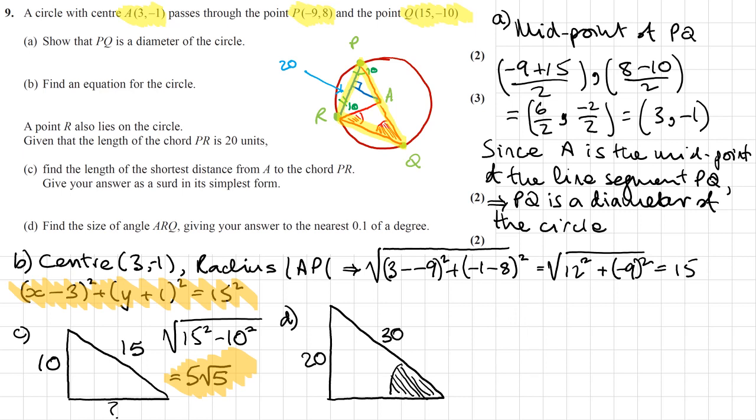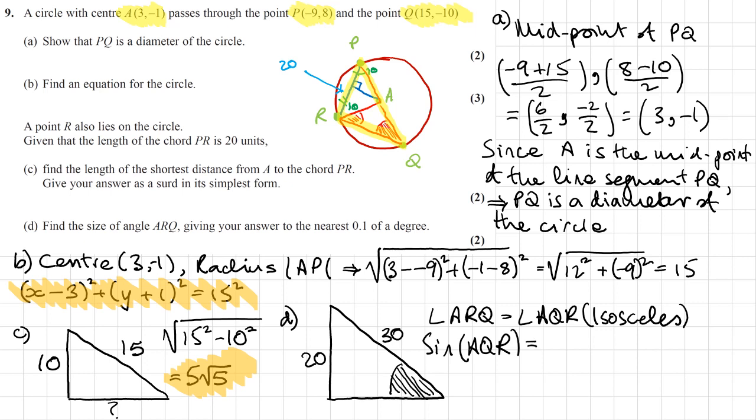That angle ARQ is equal to angle AQR, and that's because we've got an isosceles triangle there. So it makes sense. Now when I say I'm working out the sine of AQR, I know I'm working out the sine of ARQ, and that's going to be equal to the opposite, 20, over the hypotenuse, 30.